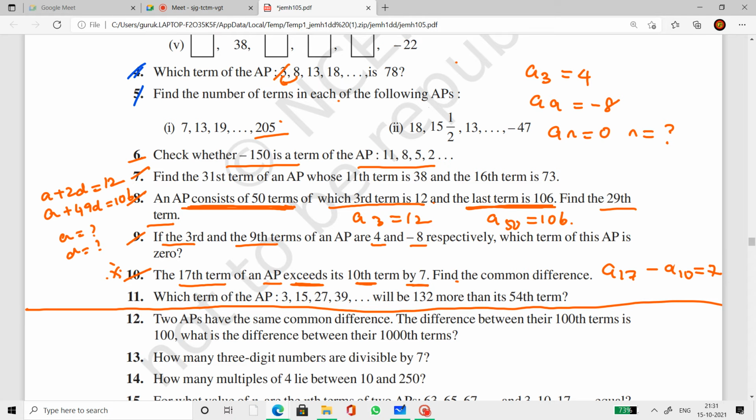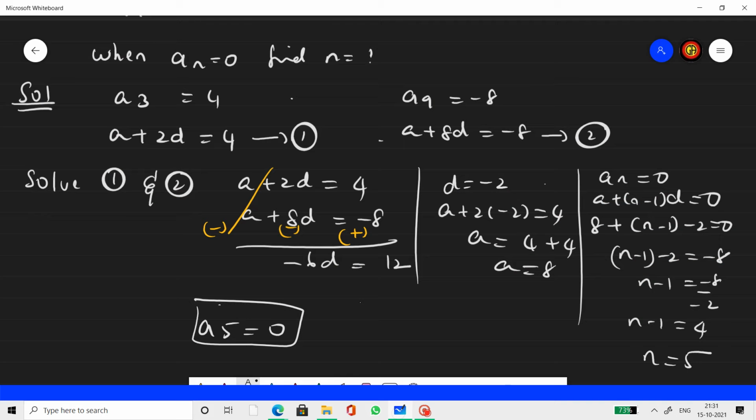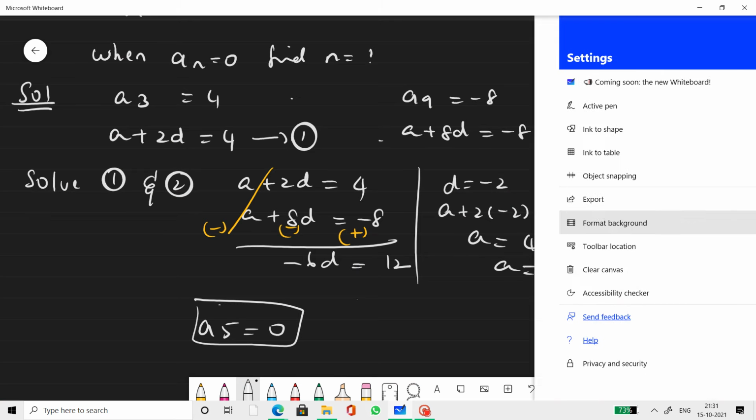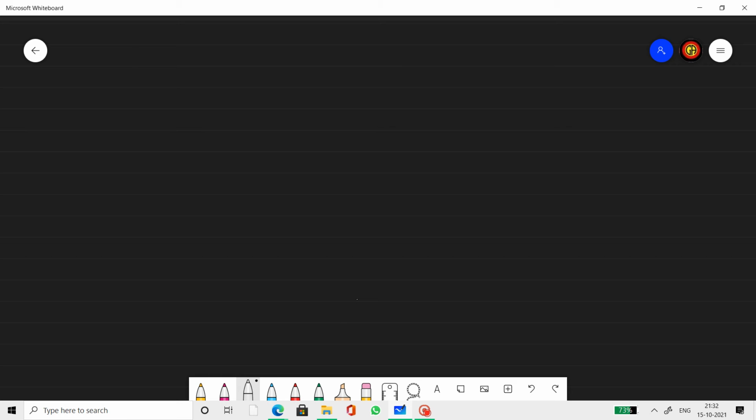That's all it means. 17th term value is in excess of 10th term value by 7. So A17 minus A10 equals 7.